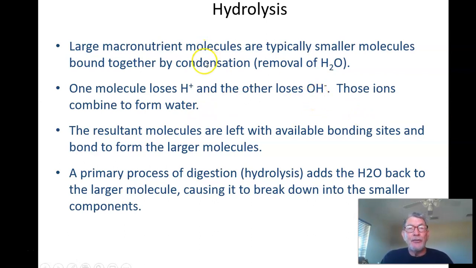To condense it, you would remove that H2 and O and stick the pieces back together. But right now we're planning to hydrolyze, or break apart, or digest our macromolecules so that we can absorb them at the brush border. Remember, we call the wall of the small intestine the brush border because those microvilli look like velvet.